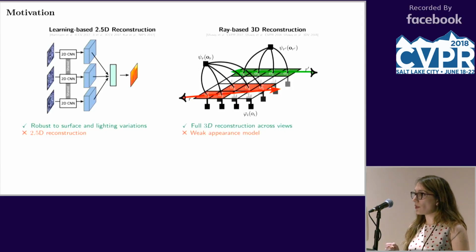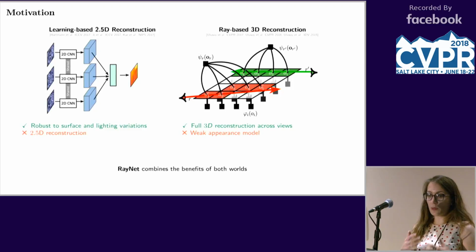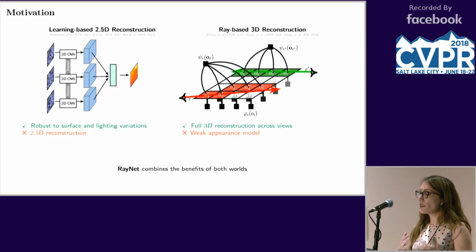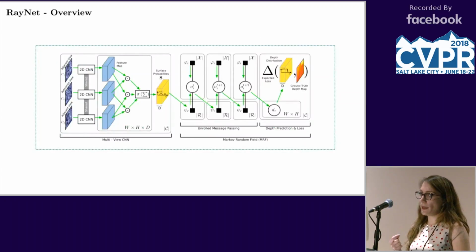However, these methods are restricted to very simple photometric formulations, and as a result, they fail to cope with complex surface variations. To this end, in this work, we propose RayNet, an end-to-end trainable architecture that combines a CNN that learns surface appearance variations across different viewpoints with an MRF that explicitly encodes the physics of perspective projection.